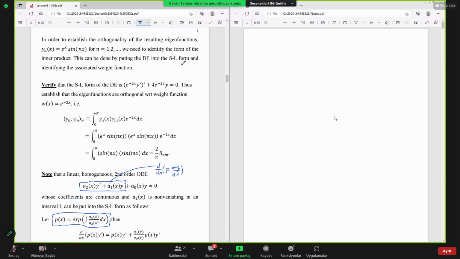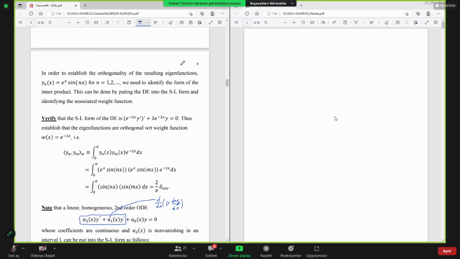But by using that procedure, we can actually convert it into SL form. This is the associated SL form. And now we know that P is e to the minus 2x, Q is 0, and the weight is e to the minus 2x, okay?